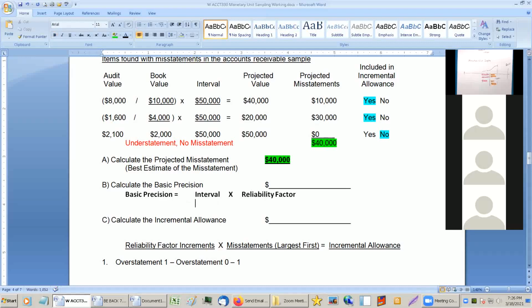What's our interval? $50,000. Interval, it's here.